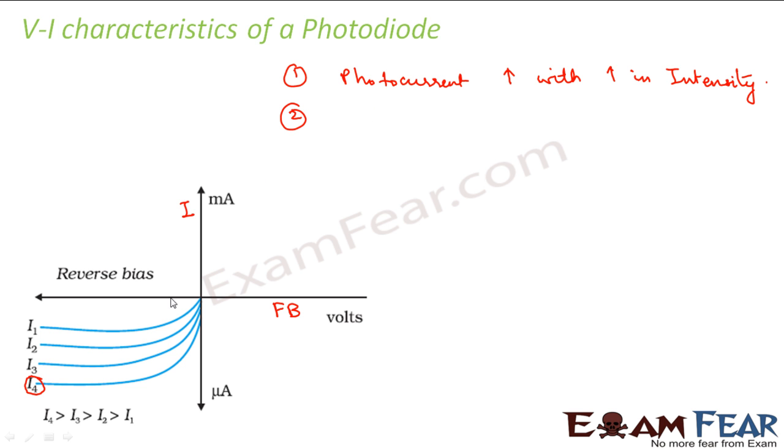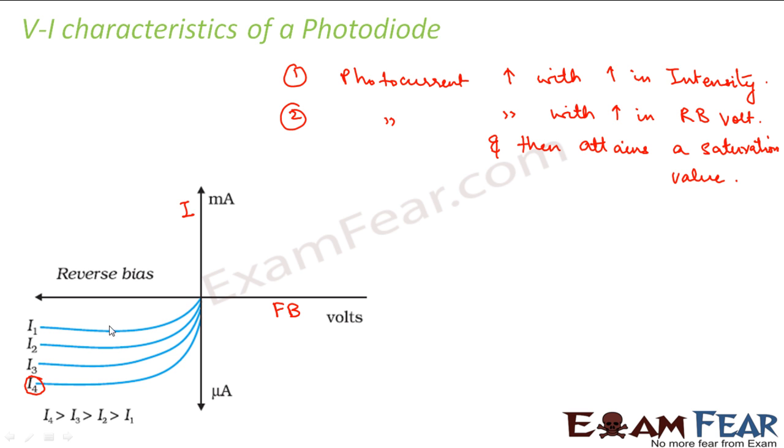And what happens to the photocurrent with increase in reverse bias voltage? Photocurrent increases with increase in reverse bias voltage. So initially it increases with increase in reverse bias voltage and then attains a saturation value.